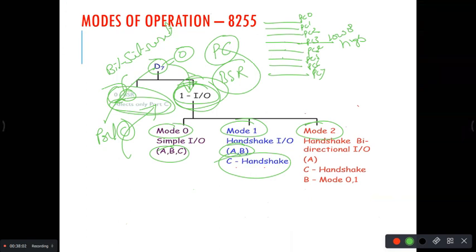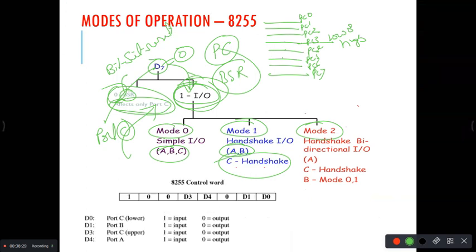Your port can either be sending or receiving; it does both. That is mode 2. Port A does bidirectional, port C once again does the handshake, and port B works in mode 0 or 1. These are different modes of operation, so accordingly you have to use them based on the requirement.